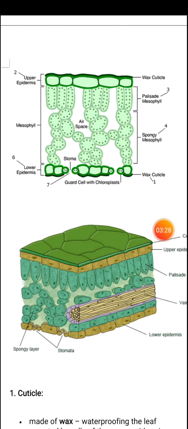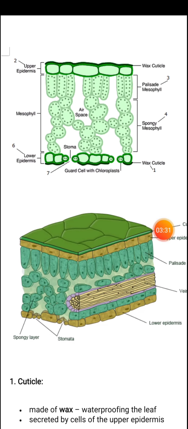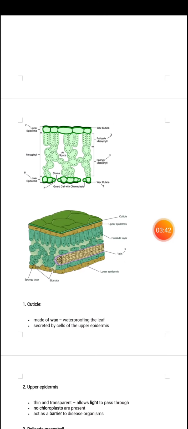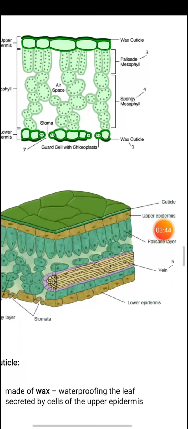And this palisade structure is supported with spongy mesophyll. They also are having little amount of chlorophyll inside that, and in between there are air spaces. This air space is for the passage of air.